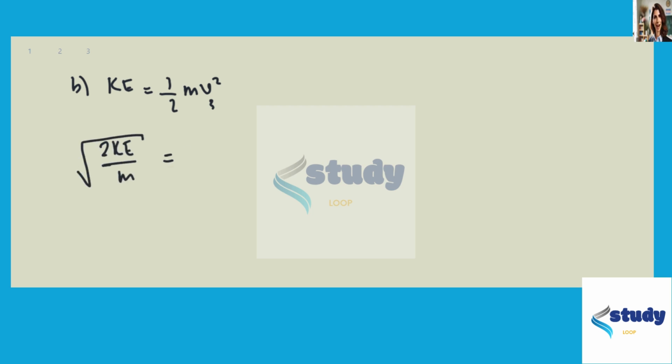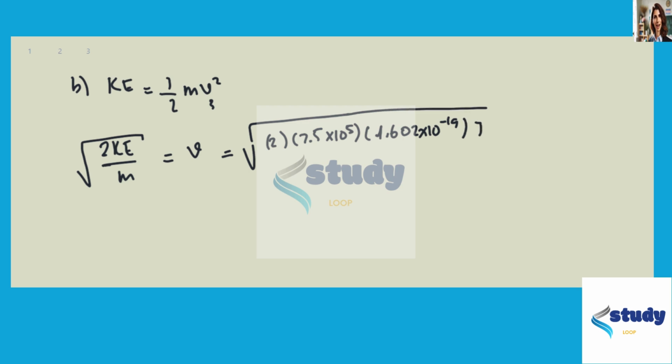For the kinetic energy, we would put 7.5 times 10 to the power 5 times 1.602 times 10 to the power negative 19, so this would give you joules, divided by 9.11 times 10 to the power negative 31 kilograms.